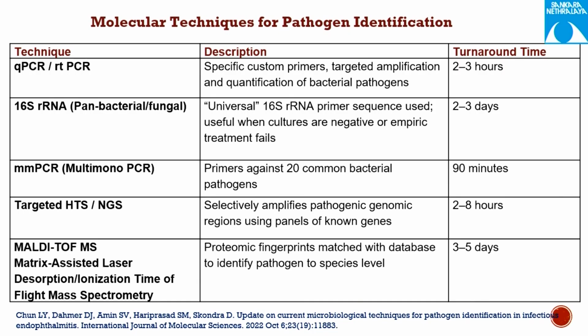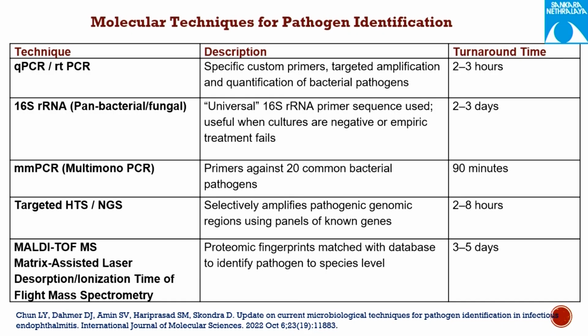But then we have multiplex PCR primers, which detect only the very common 20 bacterial pathogens. Within 90 minutes is the turnaround time. Then targeted high throughput sequencing, or next generation sequencing, selectively amplifies the pathogenic genomic regions using panels of known genes. It takes 2 to 8 hours.